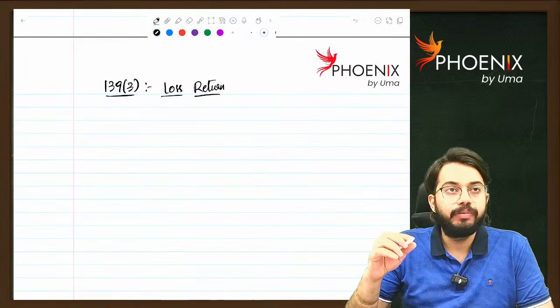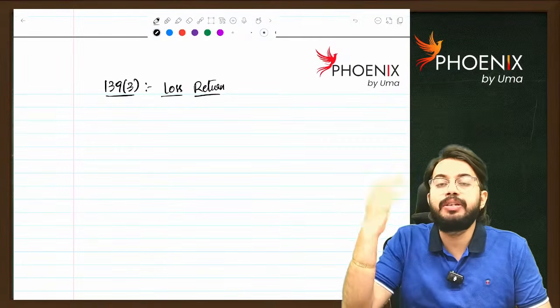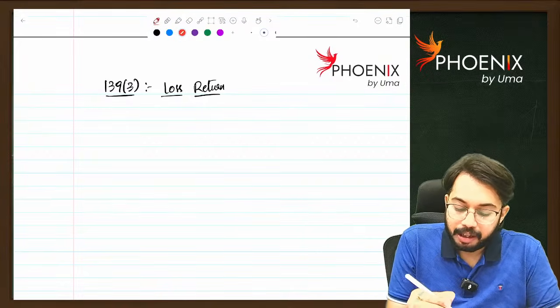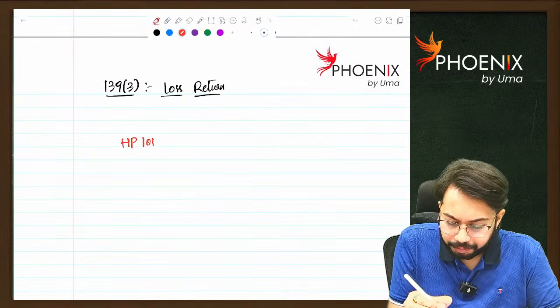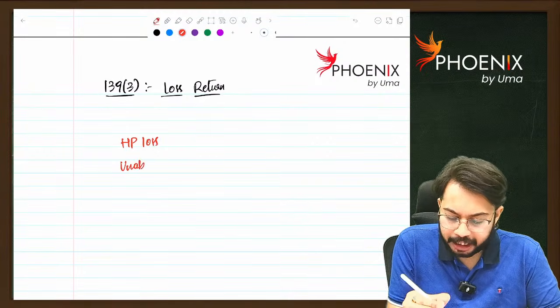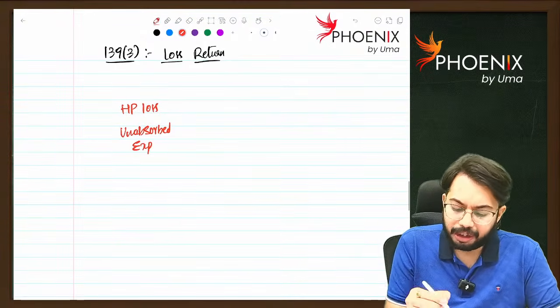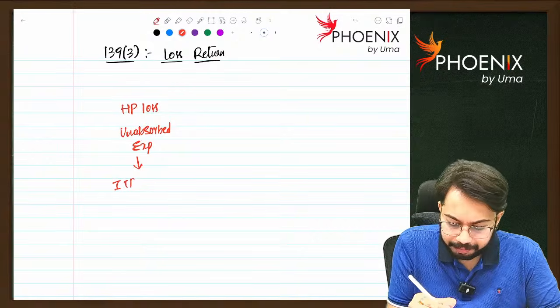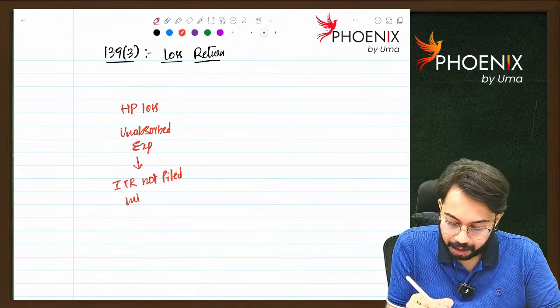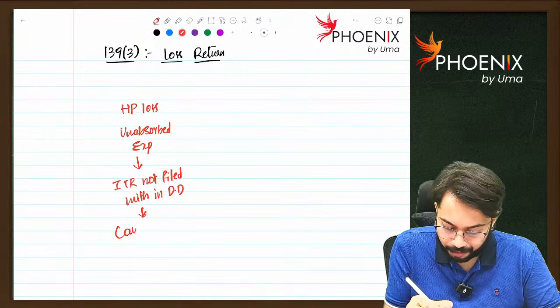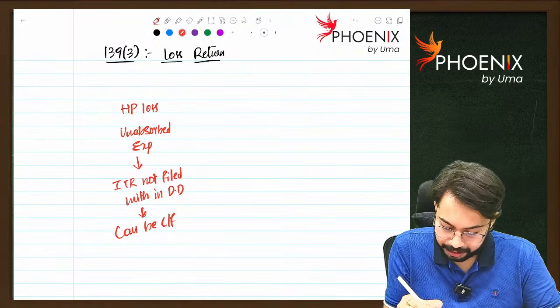See, if you want to carry forward losses to subsequent years, you are mandatorily required to file ITR. House property loss and unabsorbed depreciation, these two, even though ITR is not filed within the due date, still these two losses can be carried forward to subsequent years.